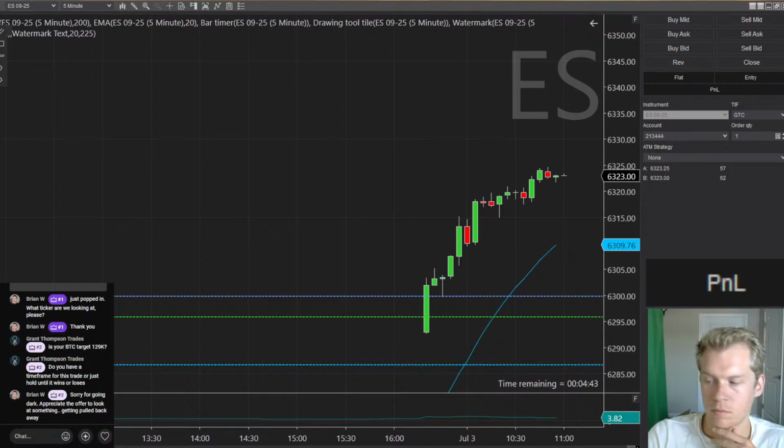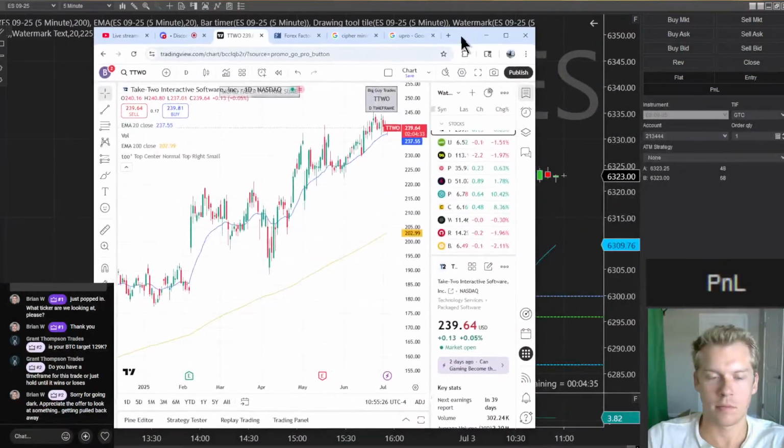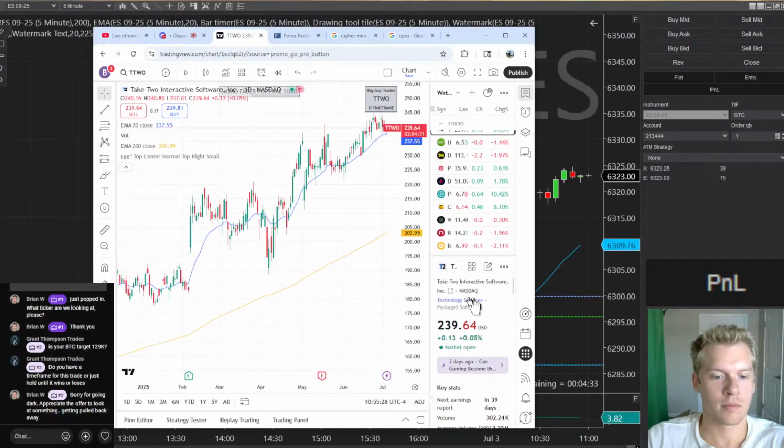So Take-Two Interactive owns the Grand Theft Auto franchise. There's a report coming out that the new Grand Theft Auto game that is supposed to be coming out in 2026 is going to have an in-game currency aspect to it that is attached to a cryptocurrency.